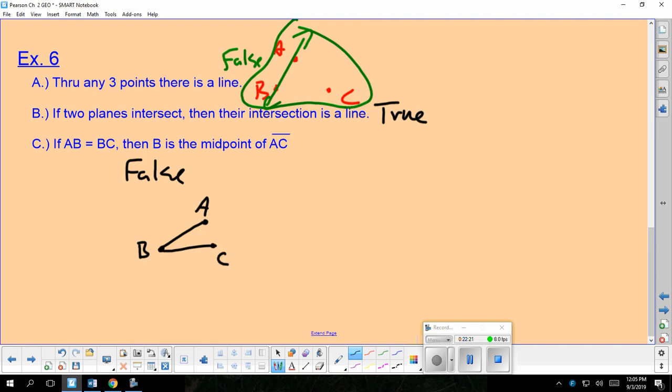If AB equals BC, then B is the midpoint of AC. The midpoint of AC would be over here, right? That would be the midpoint of AC, not B, so that's false. So oftentimes the picture can provide us a better idea than just using words alone when coming up with counterexamples. Questions so far?